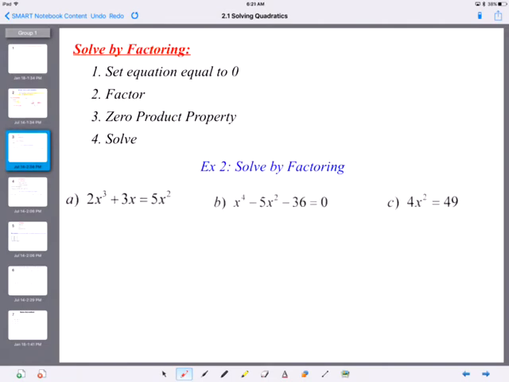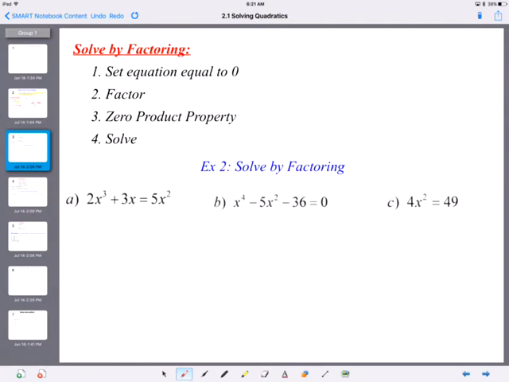The second method is solve by factoring. This is something you guys have worked on throughout your years of algebra. We want to set the equation equal to 0. Once again, we're saying y is equal to 0. We want to then factor it. Use something called the zero product property.